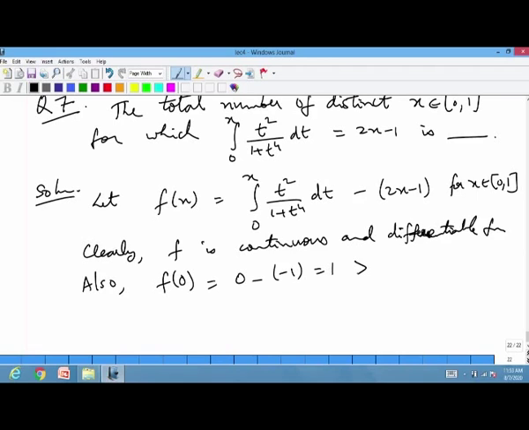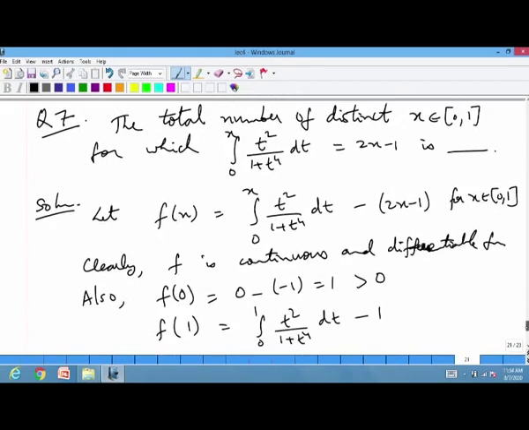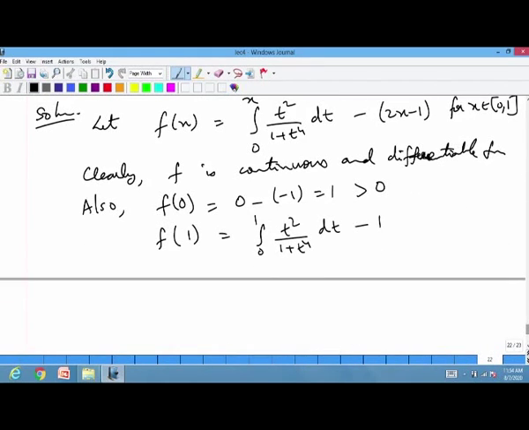So, f(0) is positive, and if we put x equal to 1, then f(1) is equal to the integral 0 to 1 of t square by 1 plus t to the 4 dt minus (2x minus 1) at x equal to 1, which is 1. So, we have this integral minus 1.